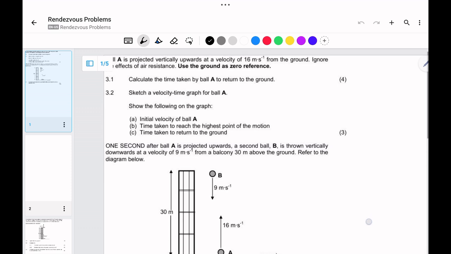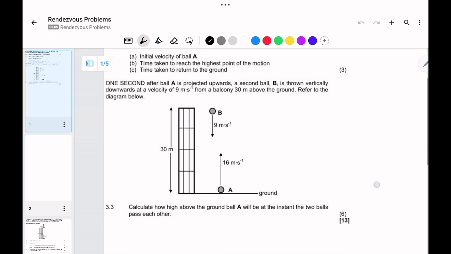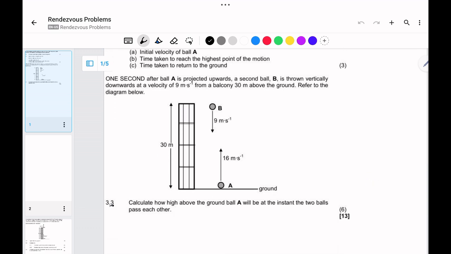This is the first problem, and it's question 3.3 that we are going to be interested in.